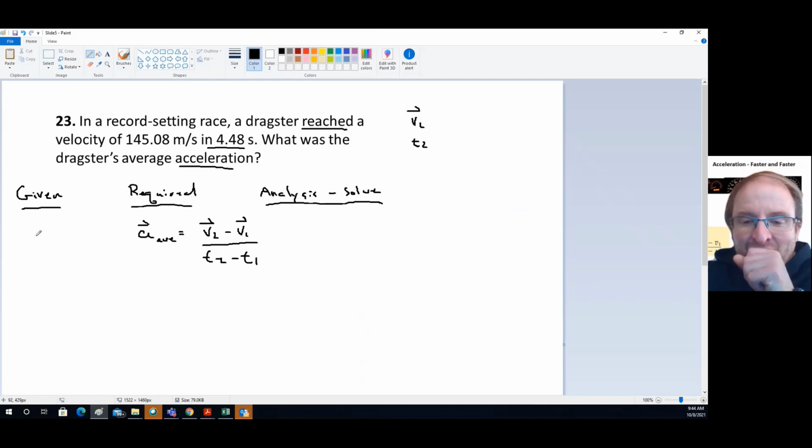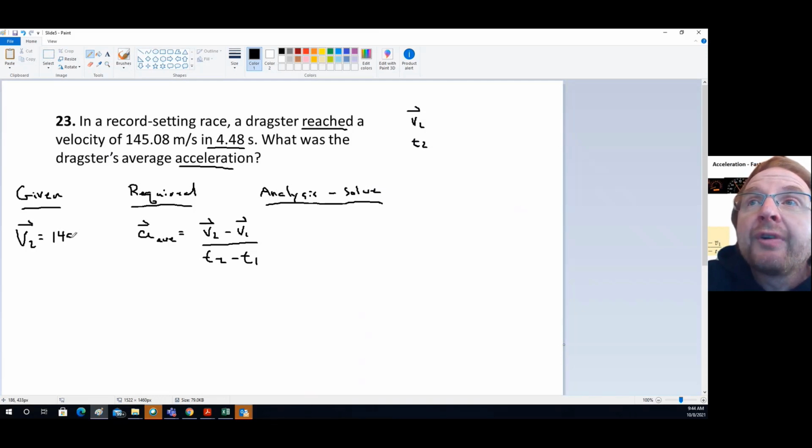What is our given? Velocity 2, we do indeed have it. There it is, pretty exact: 145.08 meters per second. That is a lot of meters in a second. A football field is about 100 meters, so this is like a football field and a half.